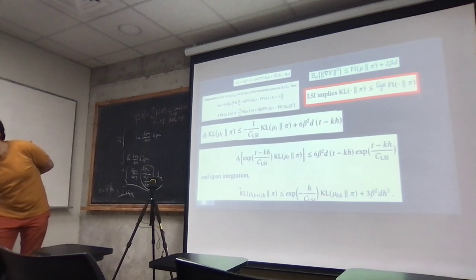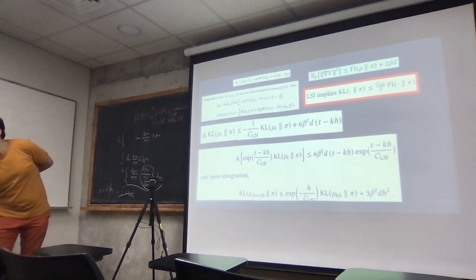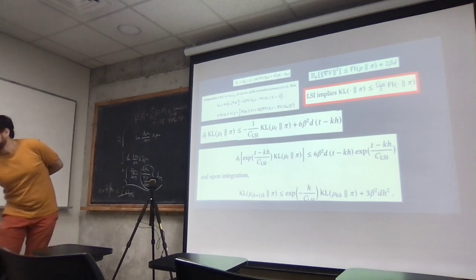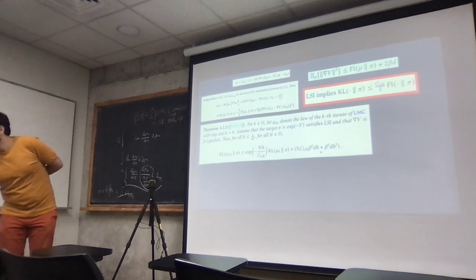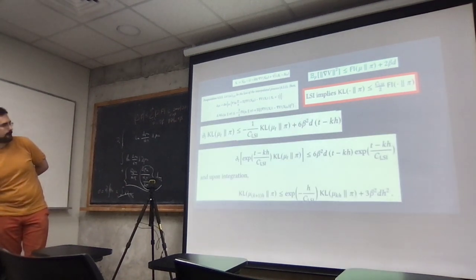And so I get that my time step decreases with an exponential of h over CLSI every time. And that's how you get this exponential if you iterate it for n steps. And then here you get these bounds with beta squared n d. And those last terms do not depend on capital N?